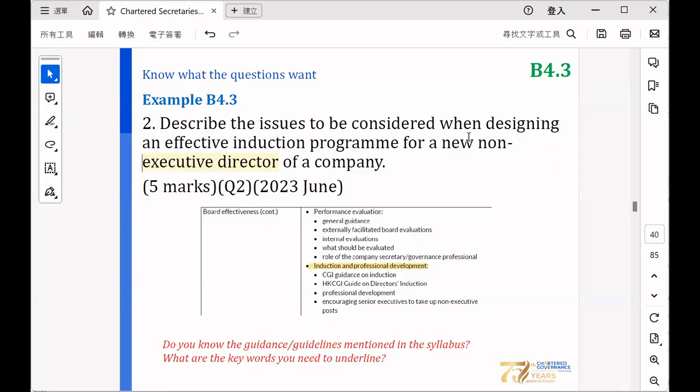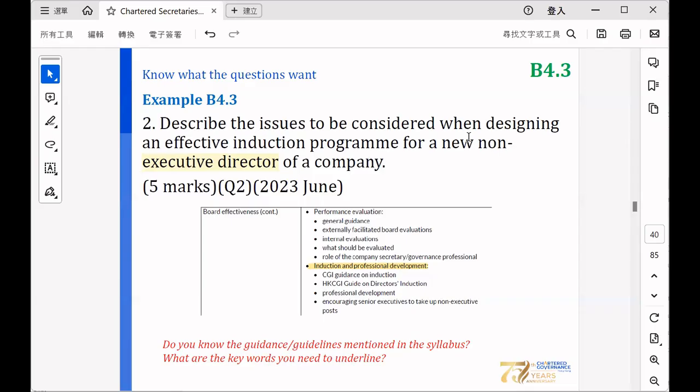Now, the question asks you for the issues to be considered. So the focus should be on what issues you need to consider. What's the aim of the induction program? The aim is simply to enable the directors to know more about your company and understand it better, so they can fulfill their role as directors.